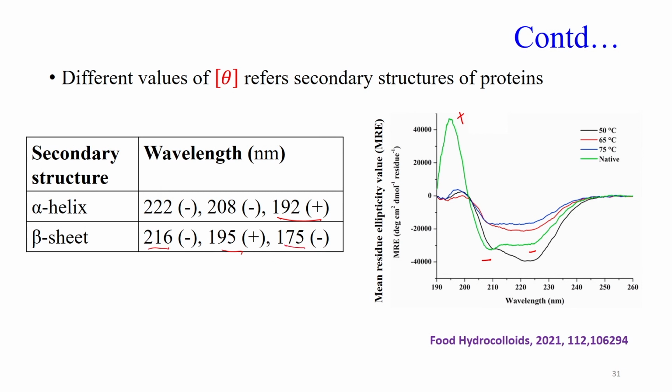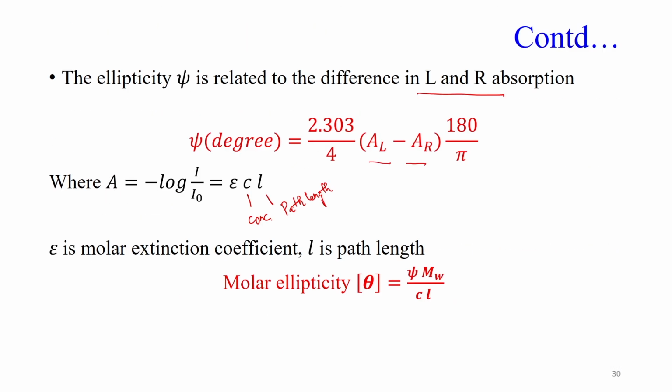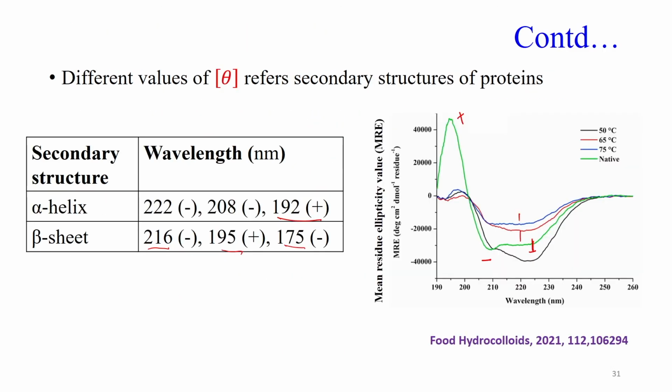So, here we can see the intensity of particularly this 208 is totally gone, and the 222 is shifted towards here, this 216. This peak position is shifted. So, depending on the peak position, we have various models to analyze directly the secondary structure of the adsorbed protein.